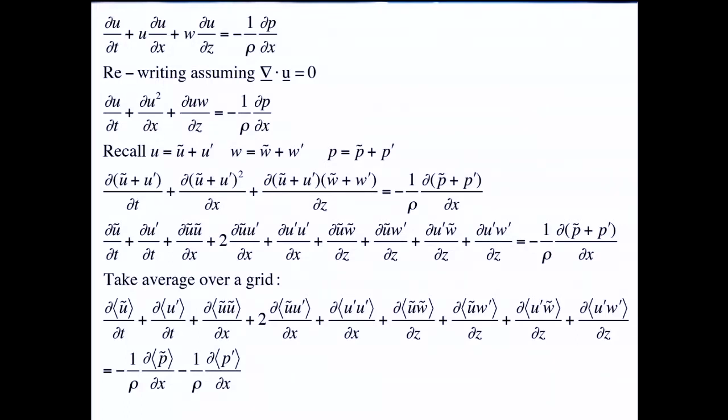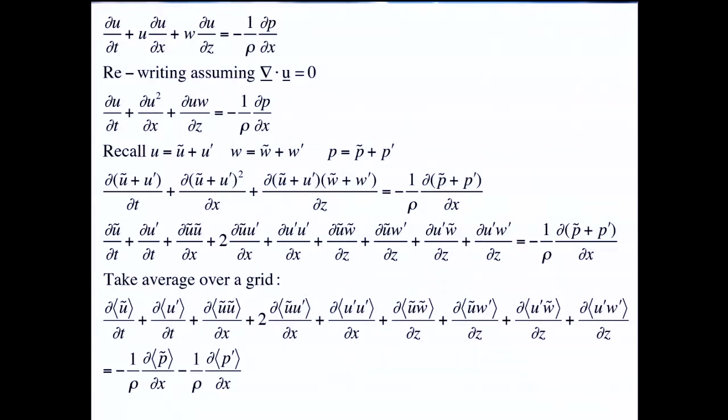Now, this super long equation is exactly the same as this short equation. And the thing about doing it this way, you end up with these terms where there's a resolved term on its own, perturbation term on its own, products of resolved terms, products of resolved and perturbations, and products of perturbations. So there's lots of these nonlinear and linear terms in here.